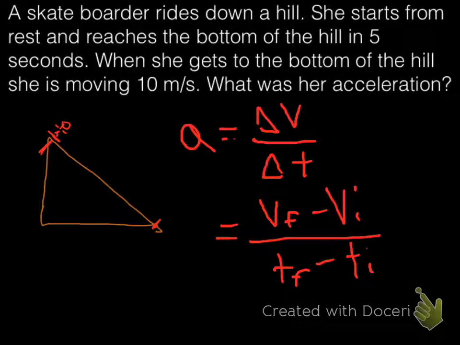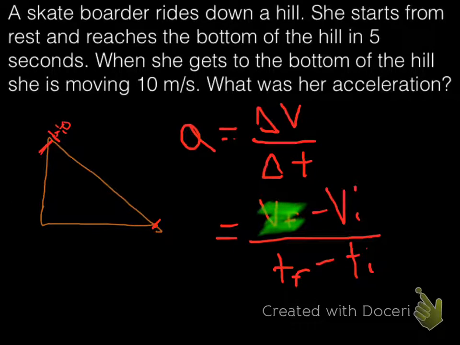And another way to write this is the final velocity minus the initial velocity divided by the final time minus the initial time. So we're going to go through here. One of the toughest parts of this problem is simply identifying what our numbers are. So let's look at the final velocity.